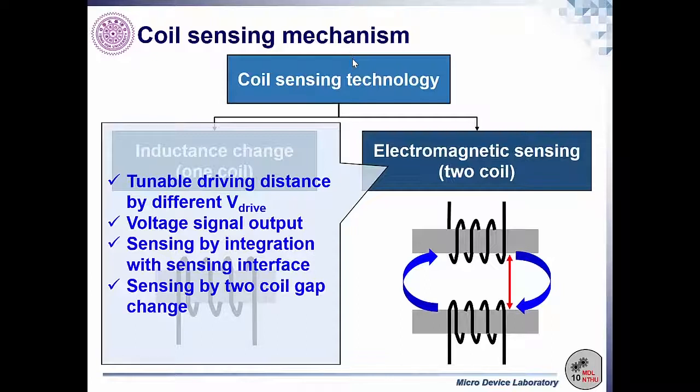You can sense by integration with the sensing interface, or by two-coil gap change. In this study, we want to use the chrono ball sensing interface integration, so we will use sensing by integration with the sensing interface instead of sensing by two-coil gap change.